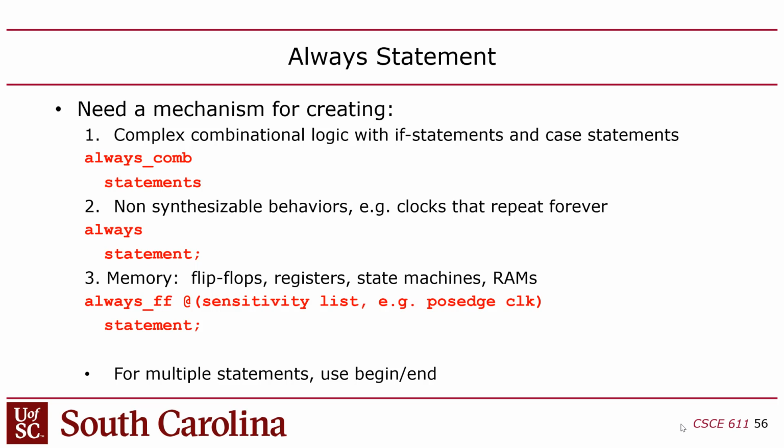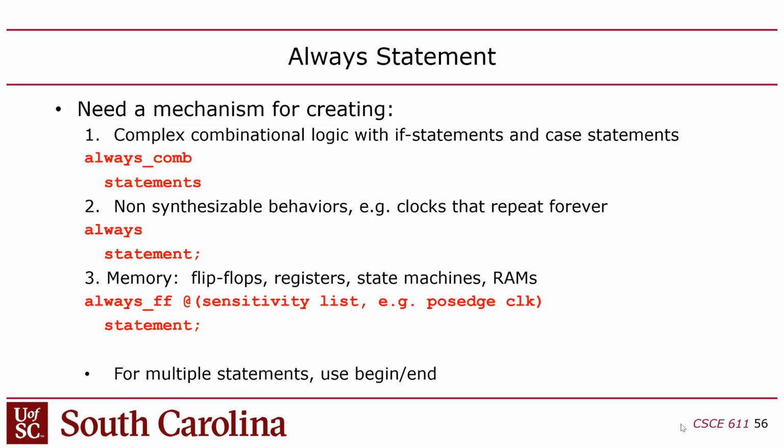And if you do that, you're going to start that one off using always underscore FF, standing for flip-flop, which is kind of a misnomer because you might be creating a RAM, not a flip-flop, but you still have to use always underscore FF. Okay? Guys with me?